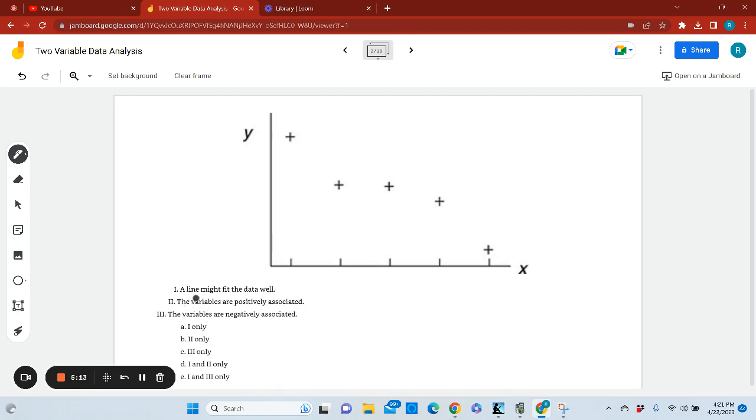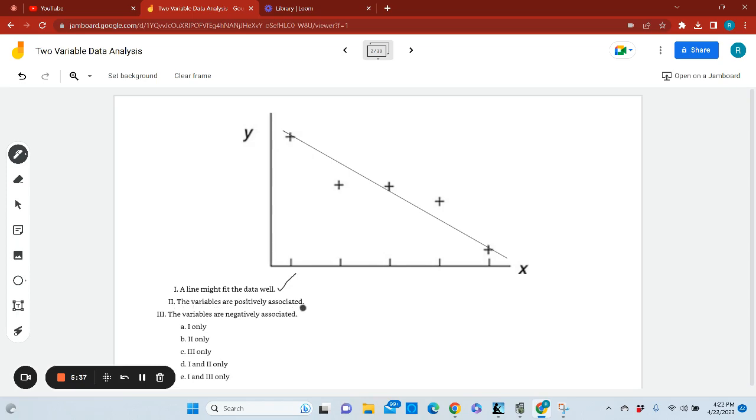So statement 1 says a line might fit this data well. And I would agree with that, right? I can probably draw a line in here that does a pretty good job of modeling this pattern, right? This line looks like it fits this pattern well. So I would say that this is a linear pattern. And I would say that statement 1 is true.